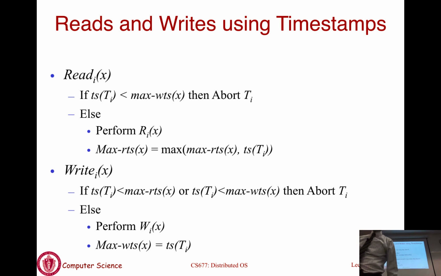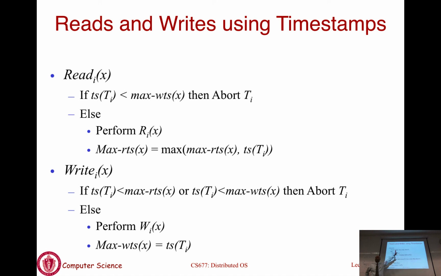Now, if you do this, you basically just do this very simple thing to figure out if you have a conflict. If you are a transaction Ti and you are trying to read value of X, you will check if the timestamp of the transaction is less than the max write timestamp. That means there's already a newer timestamp that went and wrote it, and that's the value that's reflected for X. Then you are an older transaction, so you are going to abort.